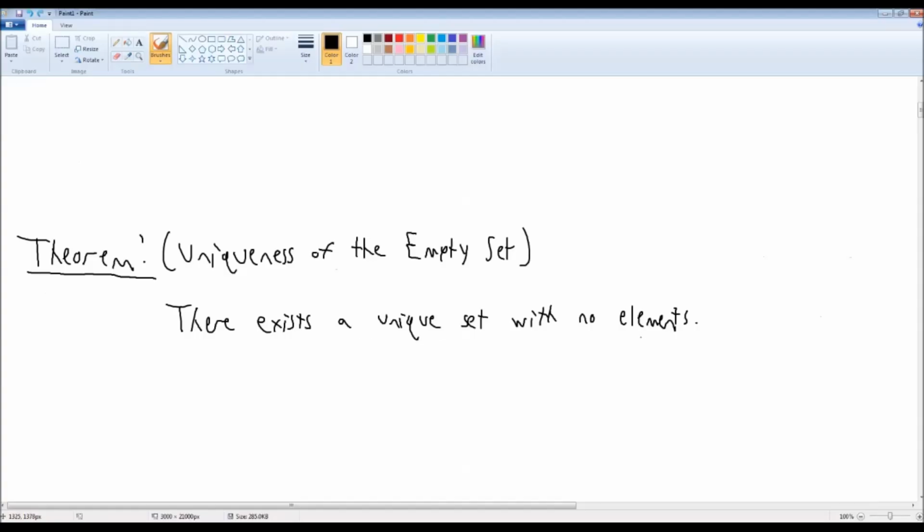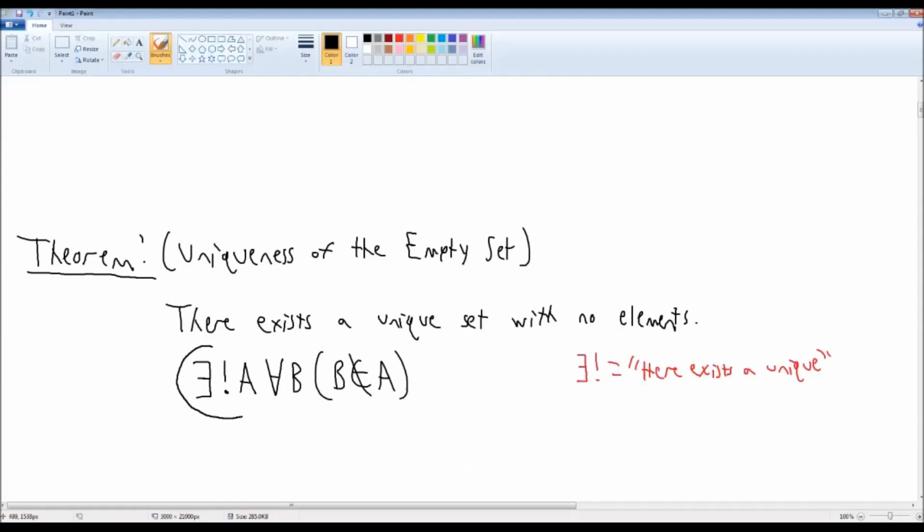Let's write that in quantifiers. There exists a unique set A such that for all B, B is not an element of A. The backwards E with the exclamation mark means there exists a unique. What does unique mean?